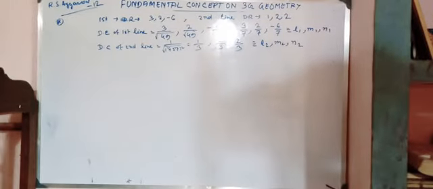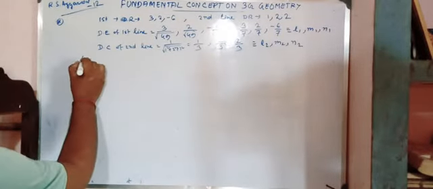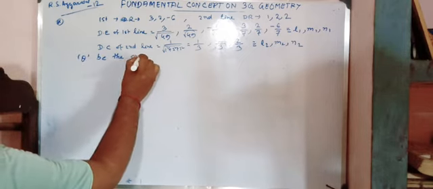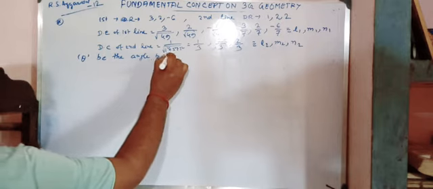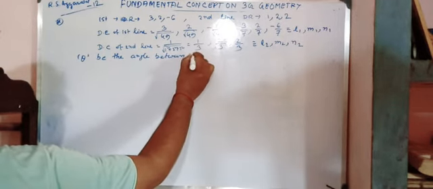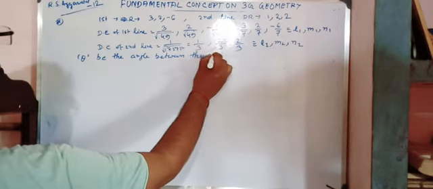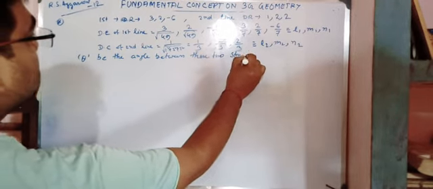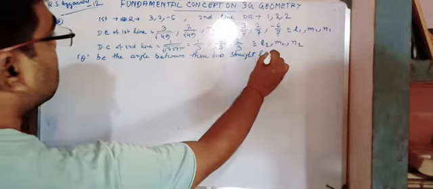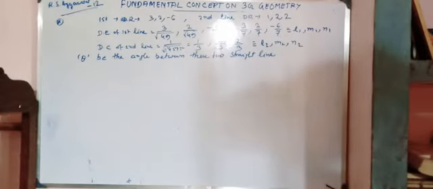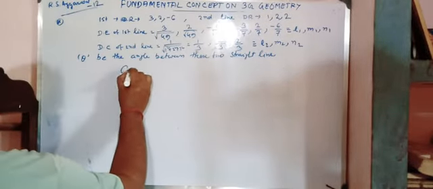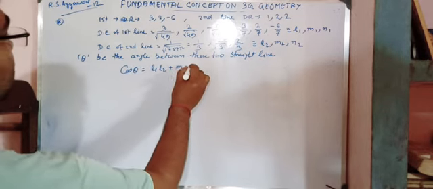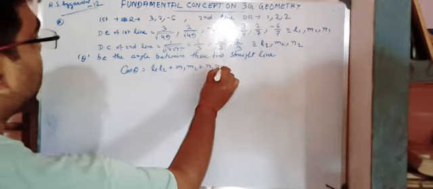Understood that? So if theta is the angle between these two straight lines, then cos theta is l1 l2 plus m1 m2 plus n1 n2.